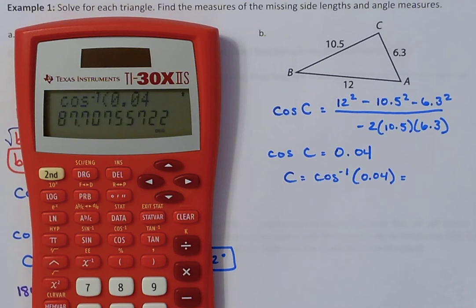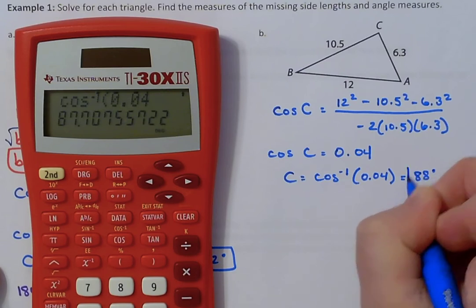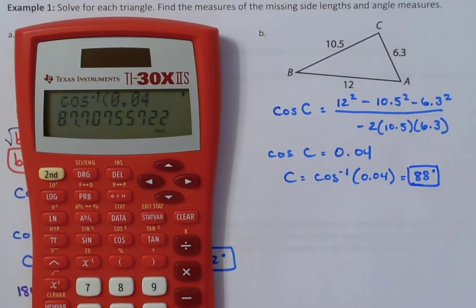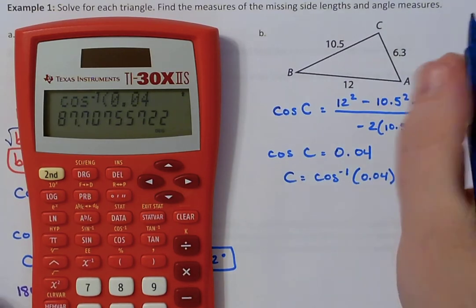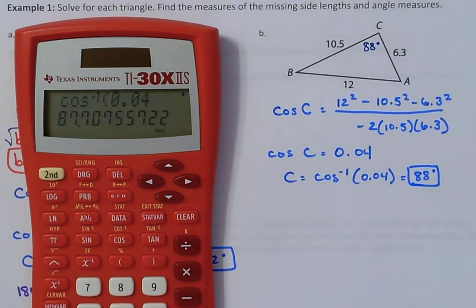So 87.7 would indicate that I need to round that up to 88. So that tells me that C is 88 degrees.